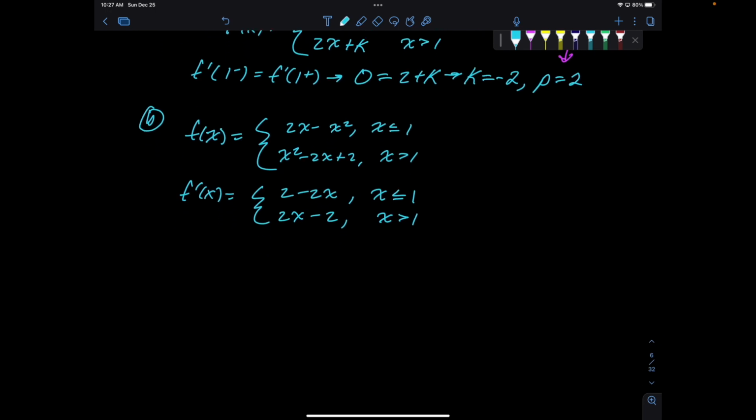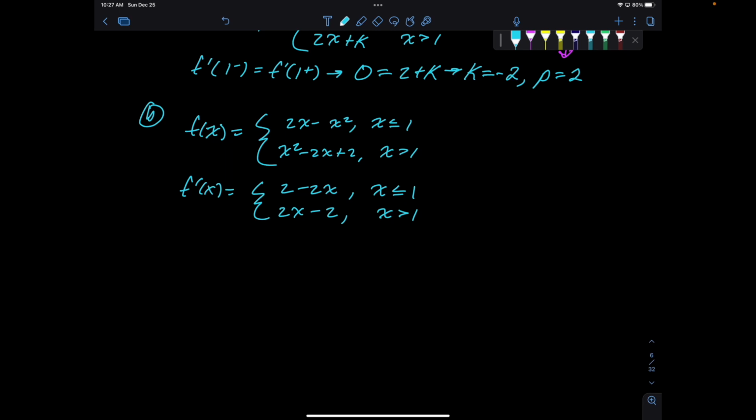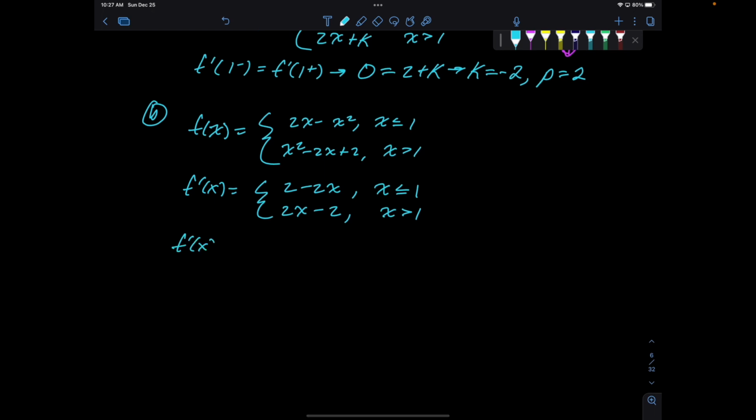Now, sign chart. All right, f prime of x equals 0 would mean 2 minus 2x equals 0, x is 1, and then 2x minus 2 equals 0, x is 1.